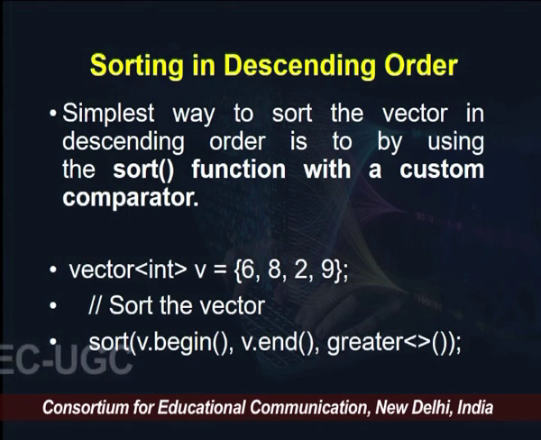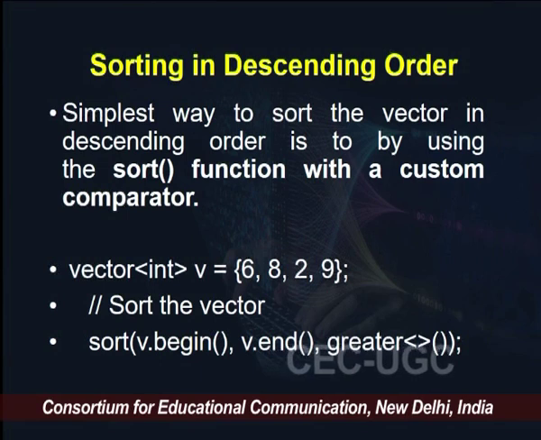But here, as we want it sorted in descending order, we pass a custom comparator as one of the parameters of the sort method. The custom comparator is written as greater, then a sign of less than, then a sign of greater than, and then parentheses, because this is a comparator.